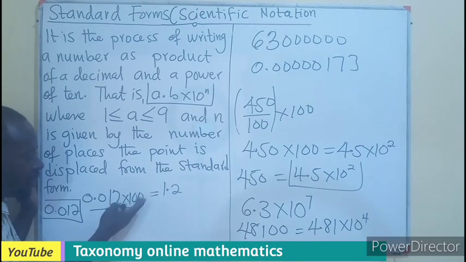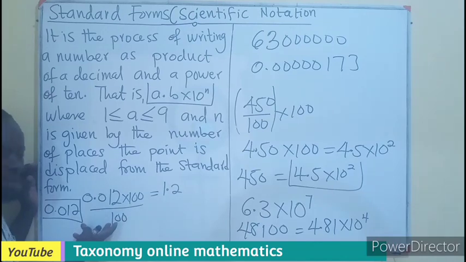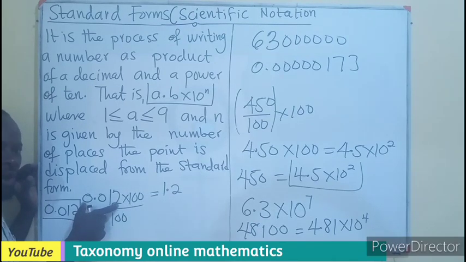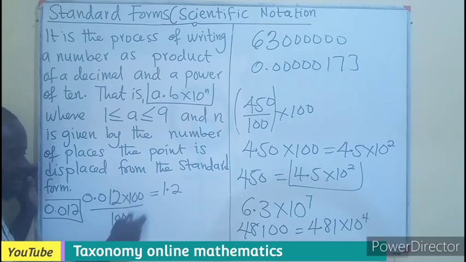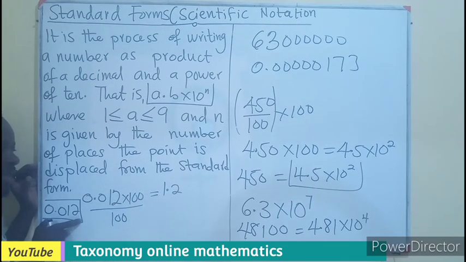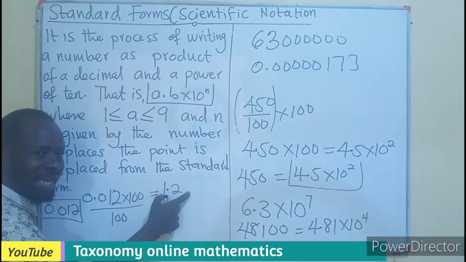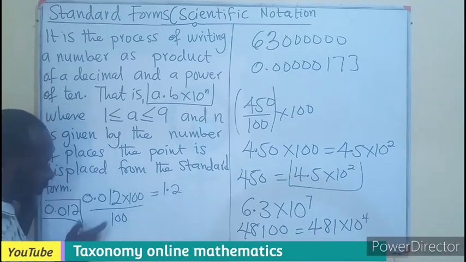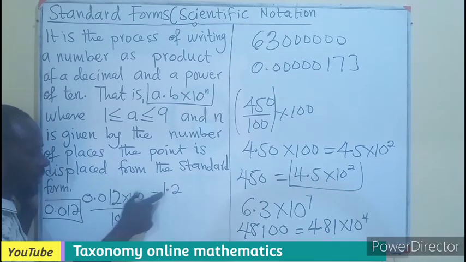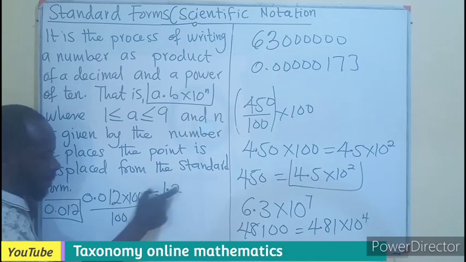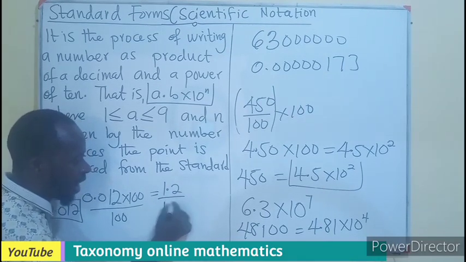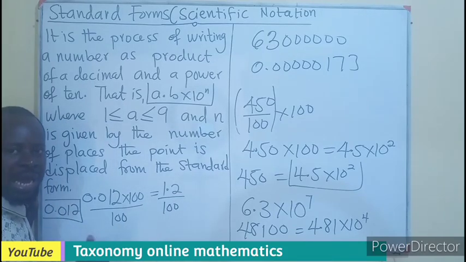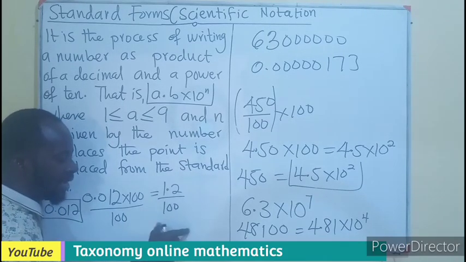If this is divided by 100, it will cancel the 100 and I'll be left with 0.012, which is the same as this. So to maintain this, the whole of this is giving 1.2, but we are dividing the whole of this by 100. It means this could also be divided by 100. And under indices, I can write this as what?